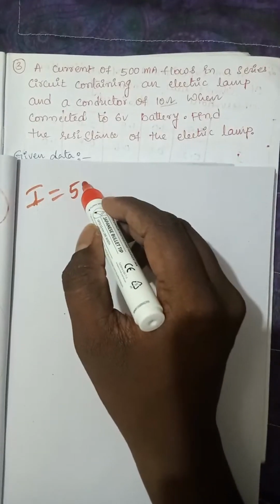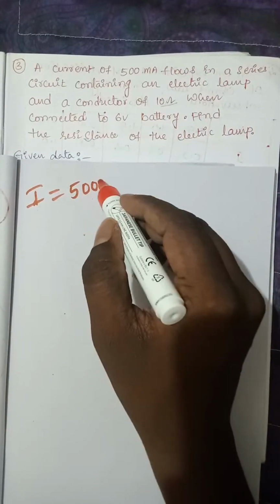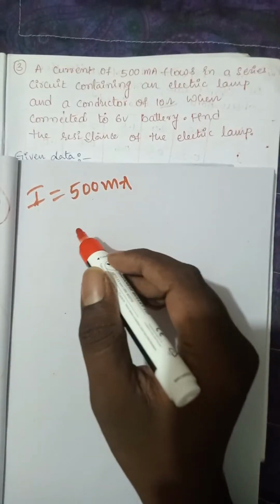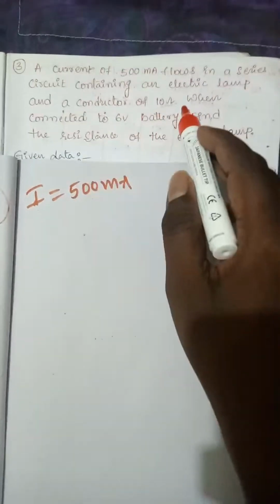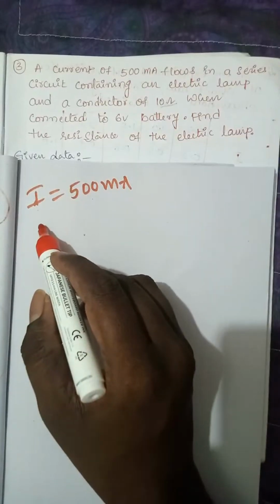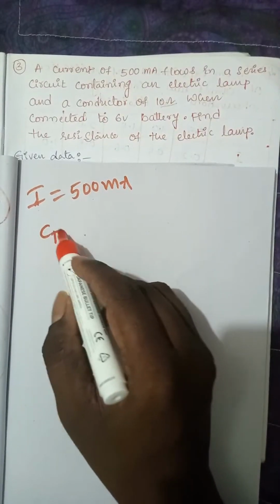So here you can see the current is given. Current is 500 milliampere. Milli is nothing but 10 power minus 3, and micro equal to 10 power minus 6. Now the conductor resistance is given.